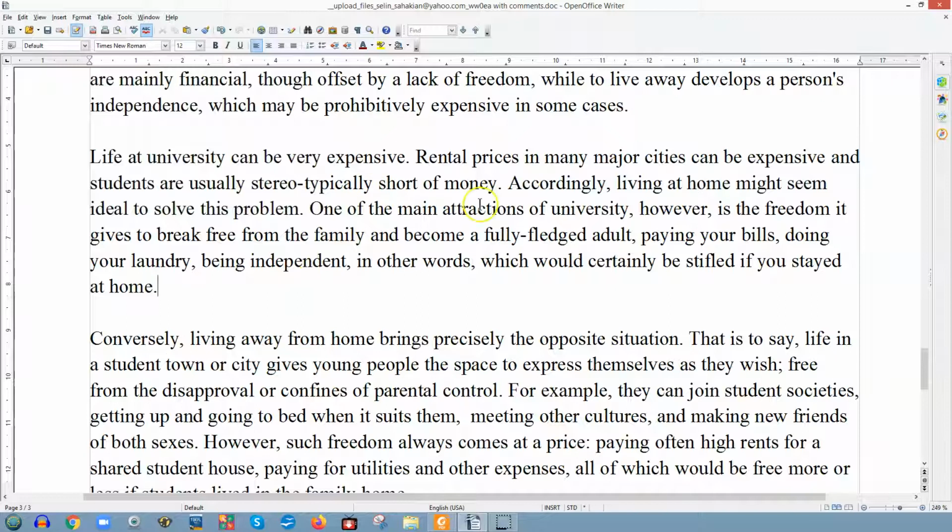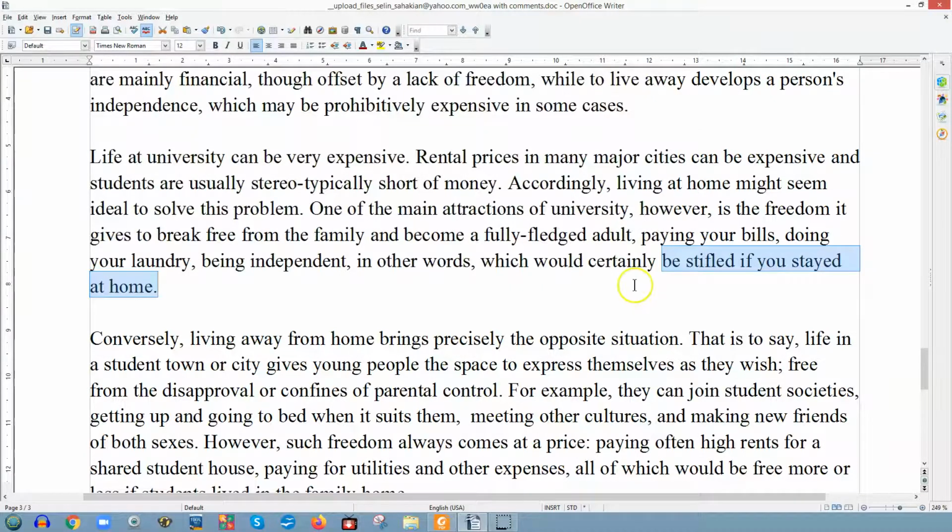Okay. So, one of the main attractions, this is like we've got advantage and disadvantage. The advantage is you'll save some cash. The disadvantage is if you stay at home, you will be stifled because you won't be independent. You won't become an adult. You're still essentially acting as a child.